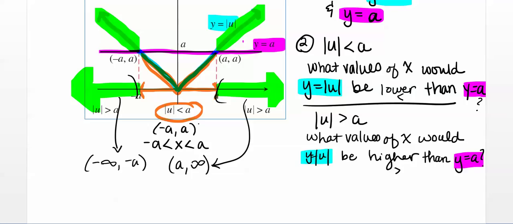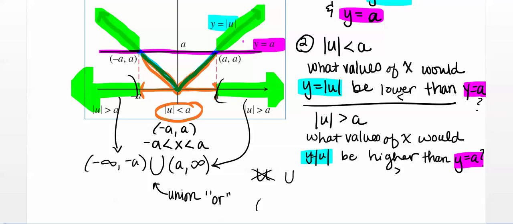Okay, now I'm going to teach you a new symbol. It looks kind of like a U, but you can see how it's not like this. It's just like that. It's called the union symbol. And the union symbol is kind of like the symbol for the word or.